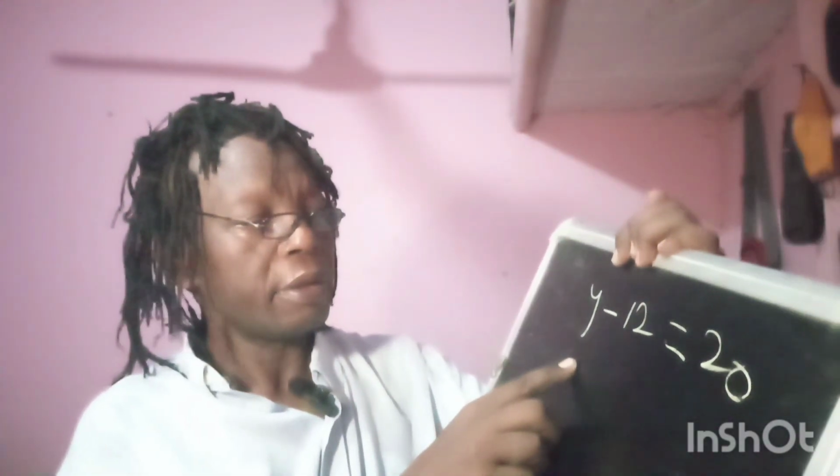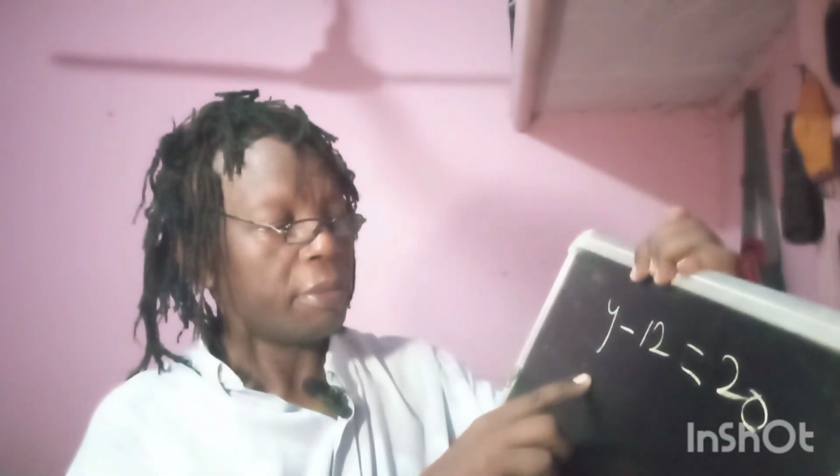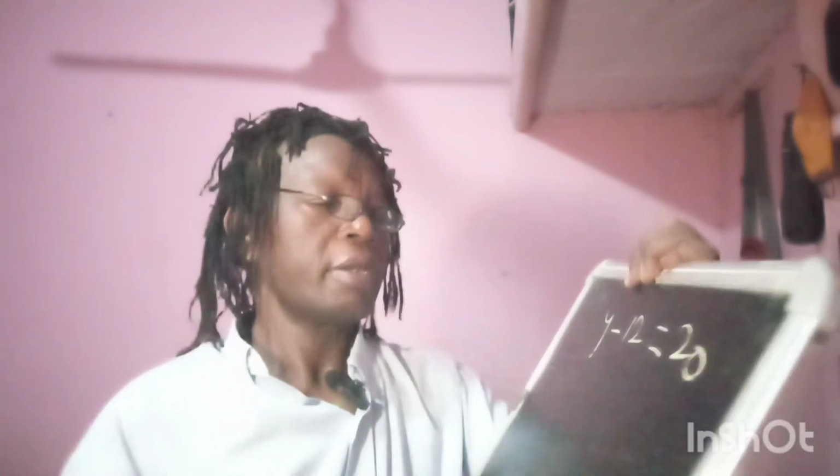No, sorry, what am I doing? Sorry guys, there is a problem here. It was a mistake I made. So y minus 12 is equal to 20, so it will be y minus 12 plus 12 is equal to 20 plus 12. Plus 12, not minus 12.